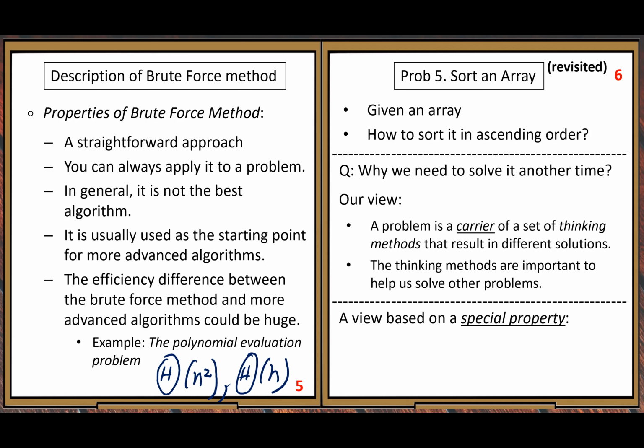So here, let's look at a new solution. It's not redundant, because the thinking is completely different. How do you get a new thinking method? We need a view based on a special property. A new method comes from a new property.